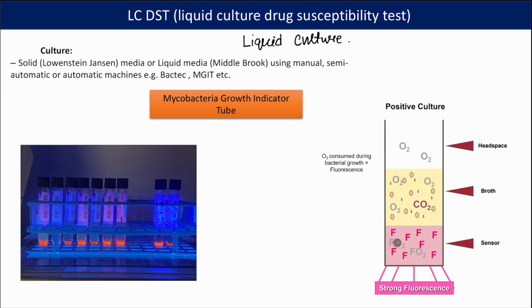So the oxygen will dissociate from this fluorescence molecule. When they are consuming oxygen, this oxygen will be dragged from the fluorescence molecule, so the fluorescence molecule becomes free. Therefore they will give strong fluorescence.